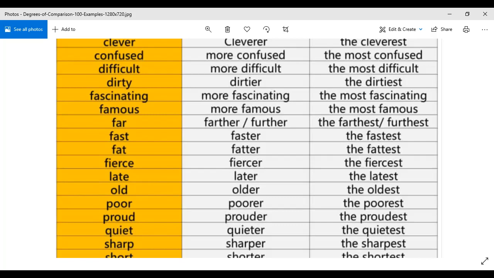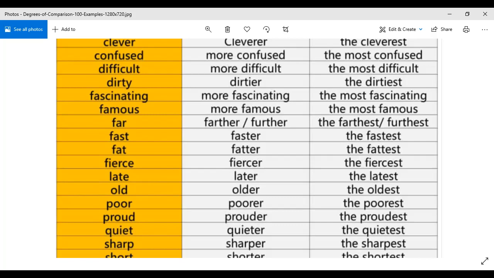Now look at old. When we add "er" to it, it becomes older. When we add "est", it becomes oldest, right? Similarly, when we add "er" to poor, it becomes poorer, and when we add "est", it becomes poorest, right? Similarly, quiet, quieter, quietest.